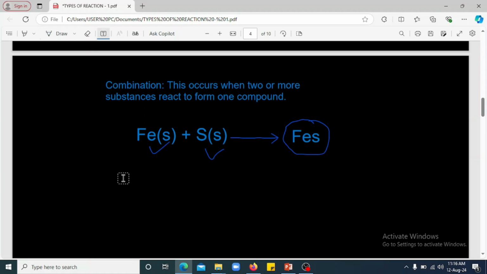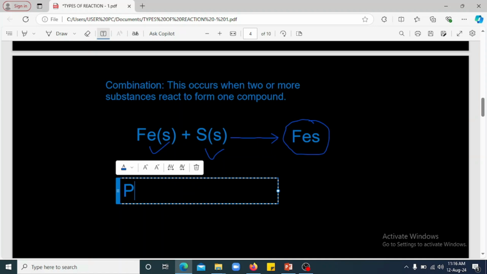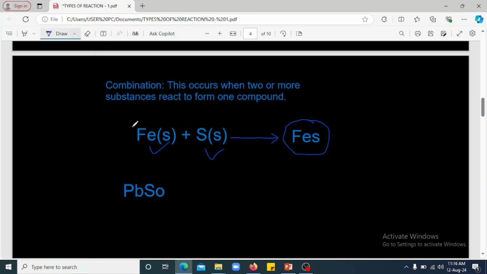Can I give you another example? Let's see two compounds coming together. Which compound are we going to use? Okay, let's use lead sulfate. Okay, I need to put the 2 here.